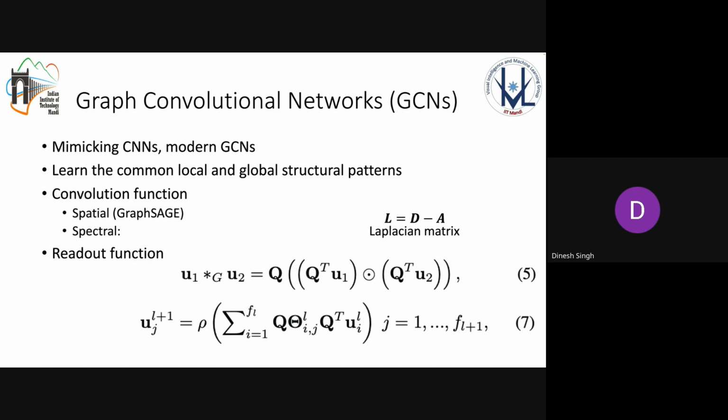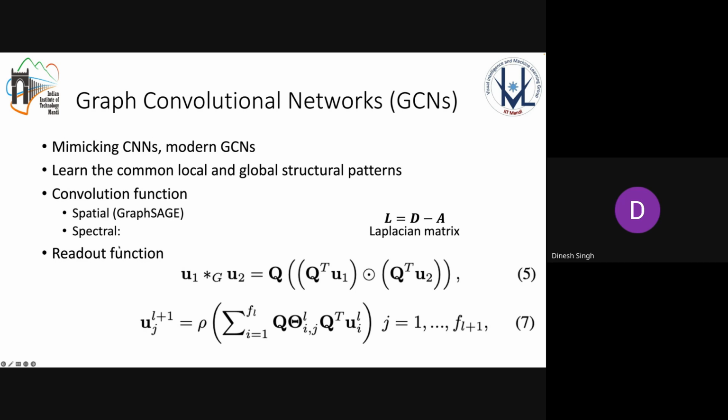Whatever the multiplications or convolution operations are in the spatial domain, when we move into the frequency domain, generally called the spectral domain, they become simply multiplications or additions of the frequencies. The same philosophy was used in these methods to define the convolutions.